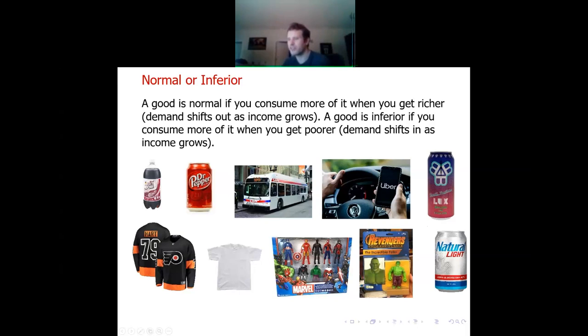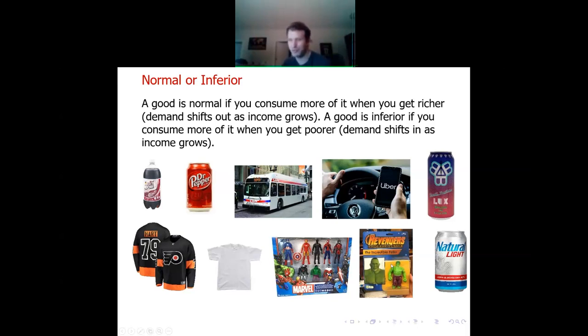Okay. Next up, this cool set of Marvel toys versus the Revengers Endless Tussle, the Incredible Fella. This knockoff Revengers thing here is an inferior good. If you go around saying, "Oh, I got this Revengers toy," people are probably going to make fun of you.